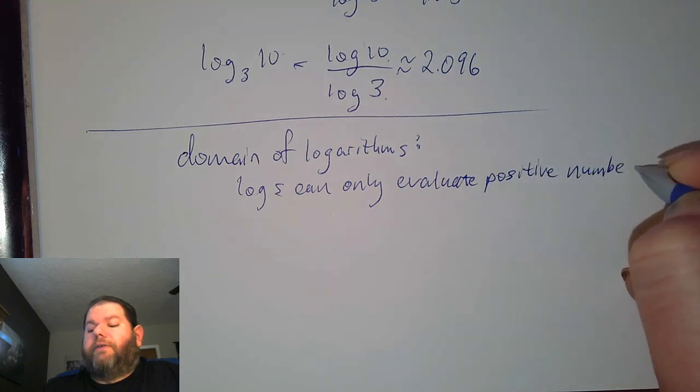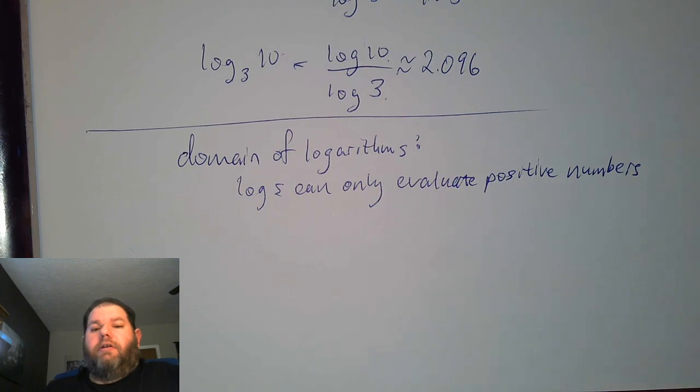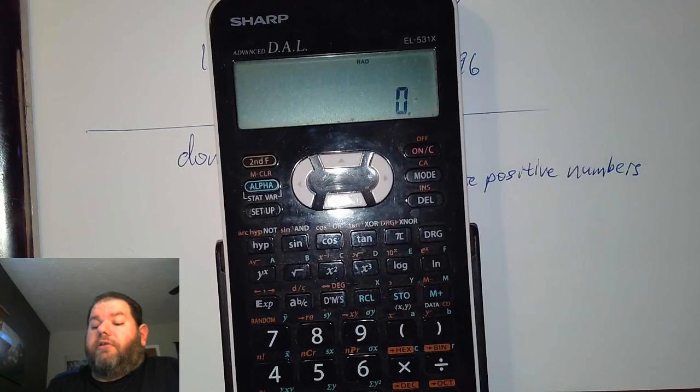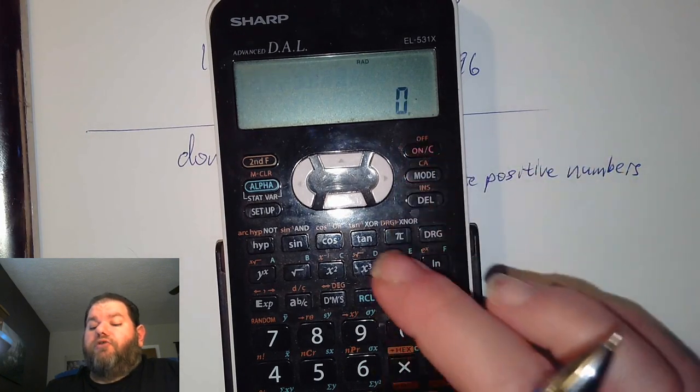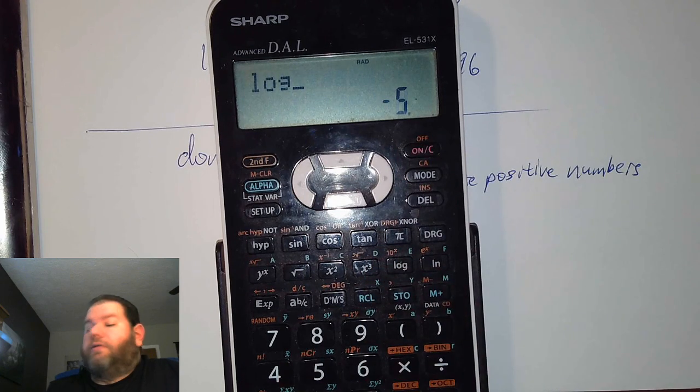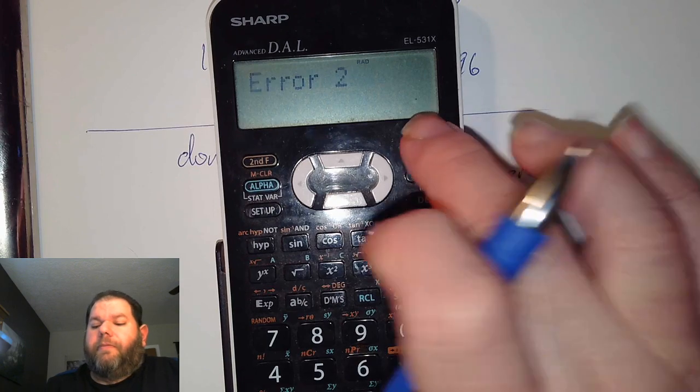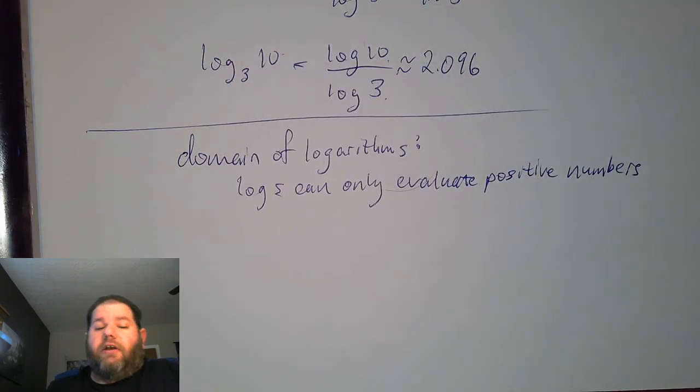Now, when we say positive numbers, that means not zero and not negative numbers. So on our calculator, if we try to take log of 0, it gives us an error. And if we try to take log of a negative number, it gives us an error as well, because it's just not defined at those values.